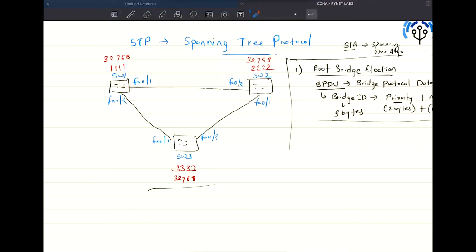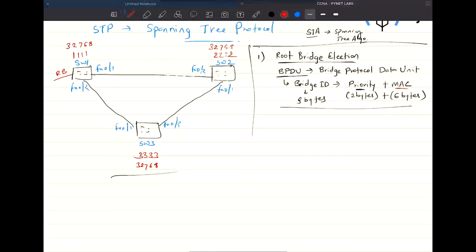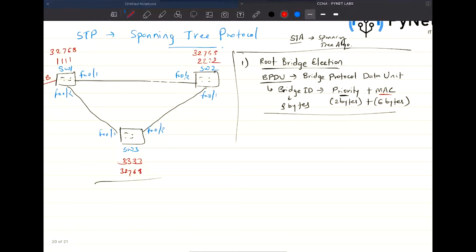Switch 1 has the lowest. That's why this particular device, switch 1, will become the root bridge. So we will name it RB, root bridge. Perfect. This is what the first election is, based on the bridge protocol data unit, or BPDU.